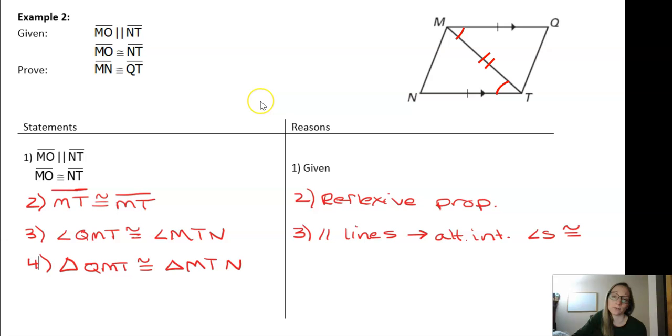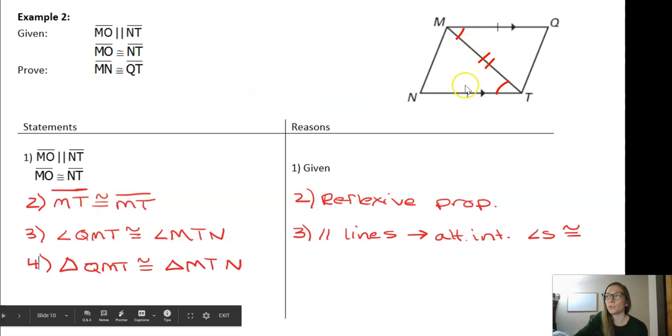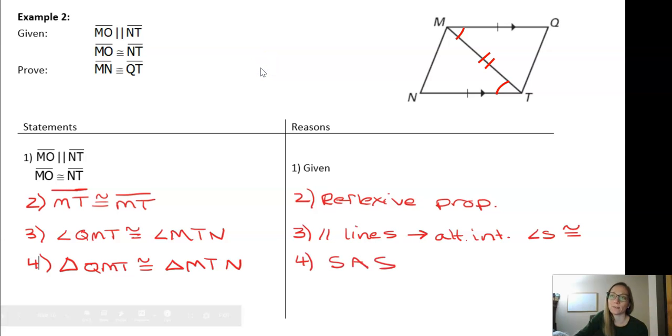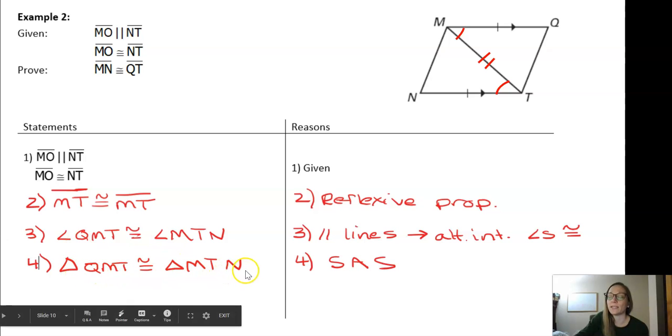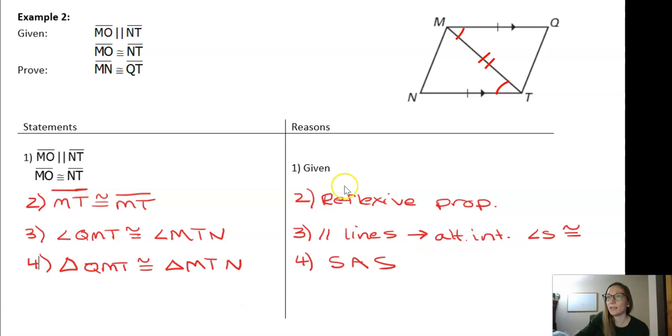Now I can say the triangles are congruent. The triangles are congruent because I had two pairs of sides and a pair of angles that were congruent. So the reason would be SAS. Now that the two triangles are congruent, I can say any of their other pieces are congruent. So if I know that triangles QMT and MTN are congruent, then I can say that any of their parts are.